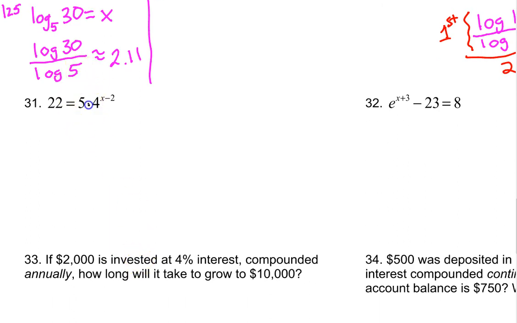Here we have multiplying by 5 in front of our base and our exponent. Everything we've solved up to this point didn't have this coefficient in front of our base. So let's just get rid of it, and then we can solve this the same way we solved the other ones. So we have 22 over 5 is now going to be 4 to the x minus 2.